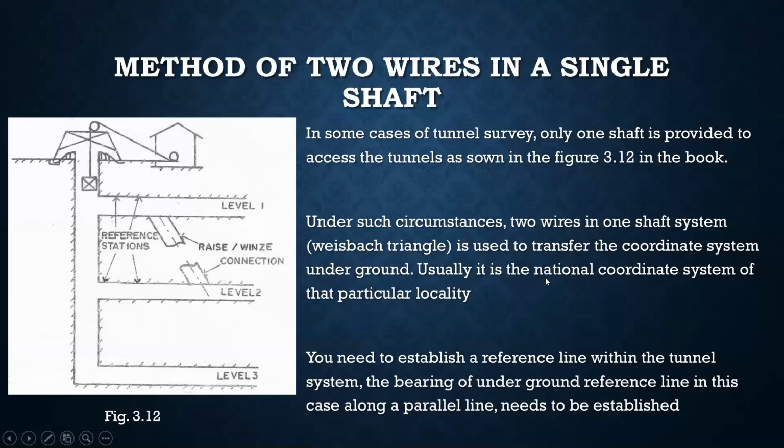Usually, it is the national coordinate system of that particular locality. You need to establish a reference line within the tunnel system. The bearing of the underground reference line, in this case along a parallel line, needs to be established. You will understand most of these things on the next slide.